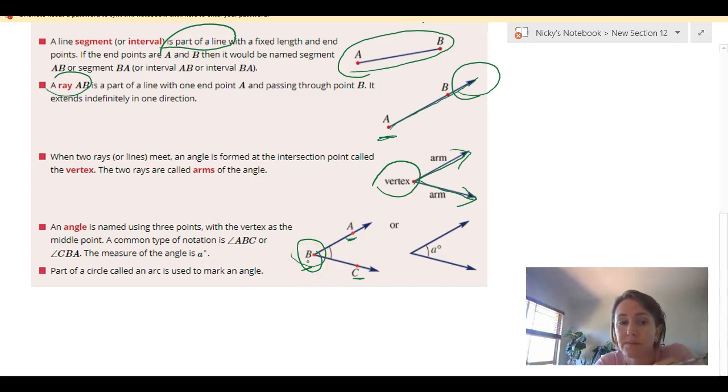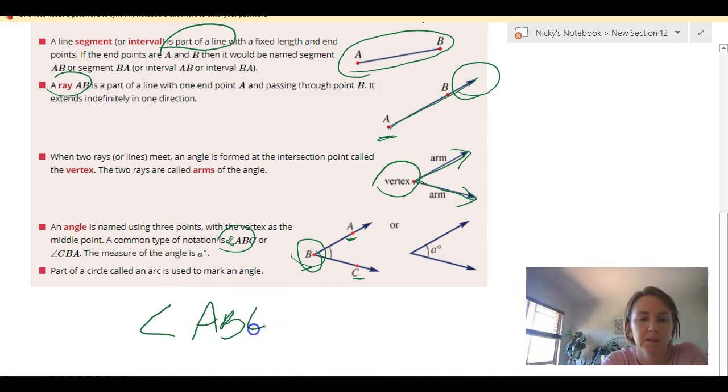We also, just to point out here, we use this little angle sign. So we're not going to write the word angle every time we talk about an angle. We just use this sign, angle ABC. And of course, we would also use this little curved section there to mark the angle in a shape or an angle by itself.